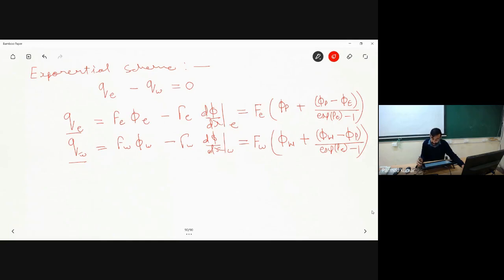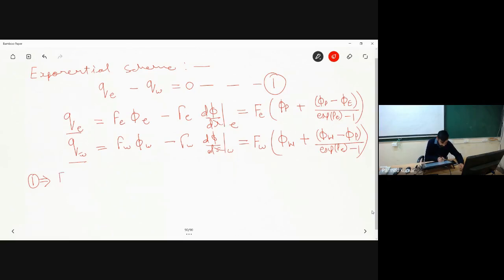Now, once we have the individual values of QE and QW, I can substitute these values in my equation number 1, and finally find the final discretized form of the governing equation.